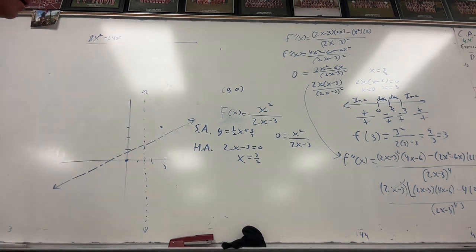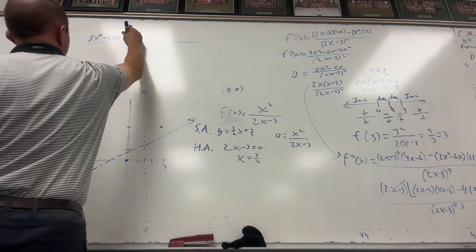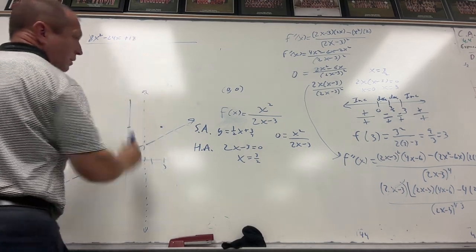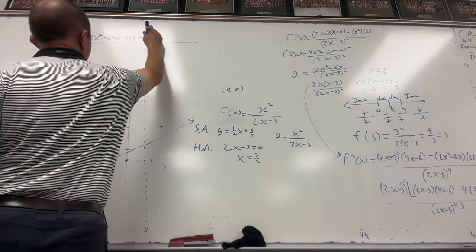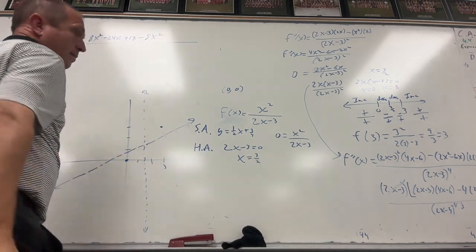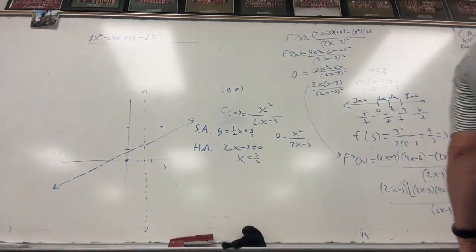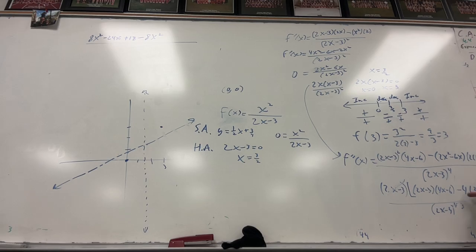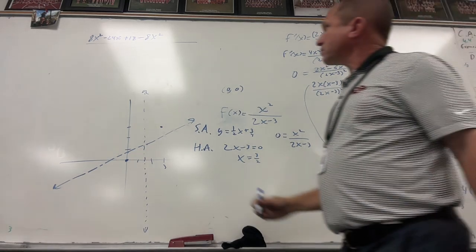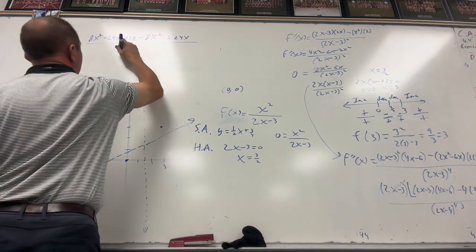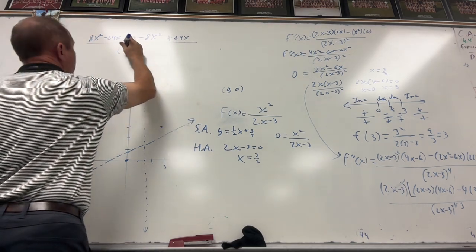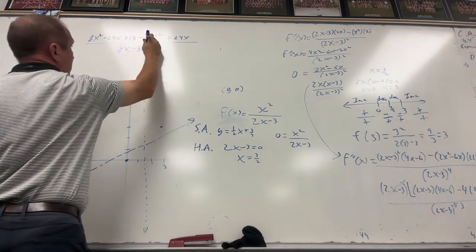And then we have plus 18. And then it's going to be minus 8x squared, and then plus 24x, all over 2x minus 3 quantity cubed.